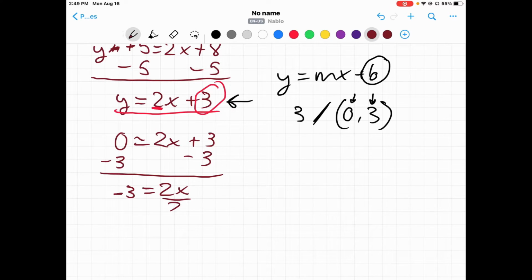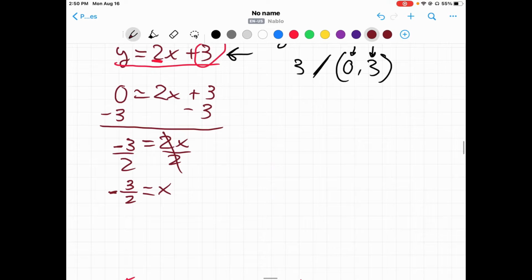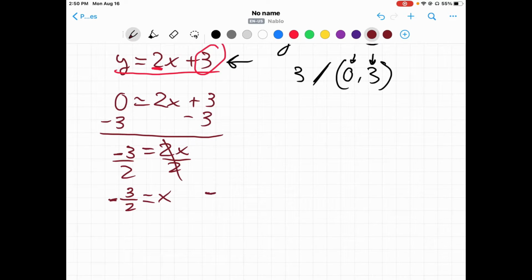Now divide both sides by 2 to cancel out the coefficient, and we would get that negative 3 over 2 equals the x-intercept. So this is going to be negative 3/2. So now we know that the x-intercept is negative 3/2, or (-3/2, 0).